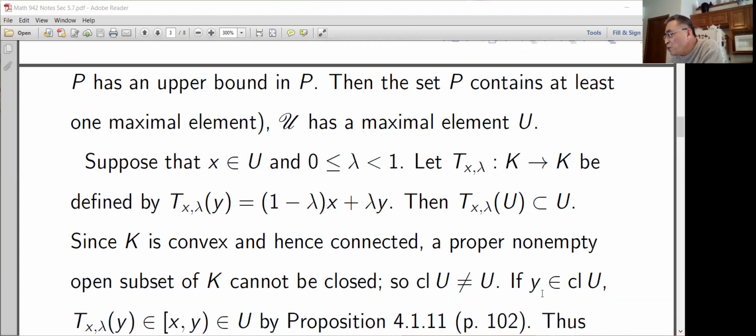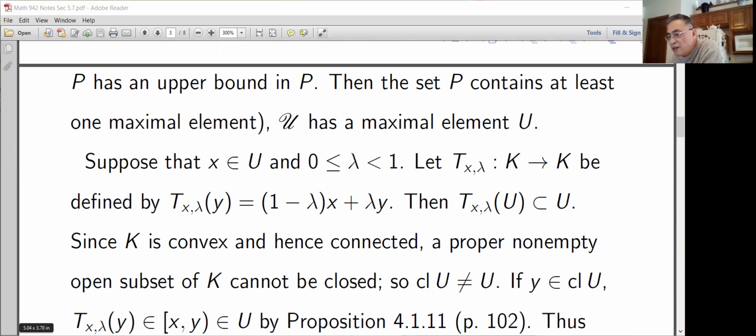Now, if U is in closure U, then T_x lambda y, by the definition of T_x lambda, is in the line segment from X to Y. But this segment does not include Y. It includes X, but does not include Y, okay?